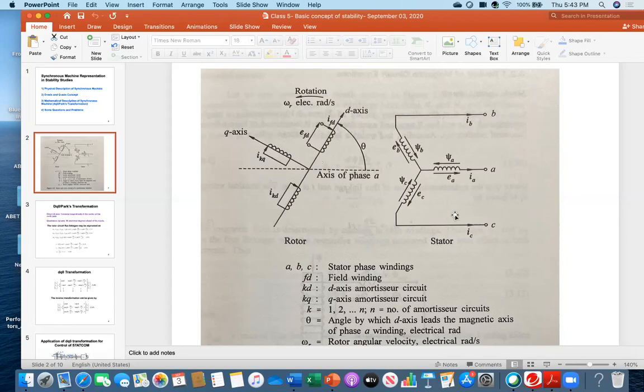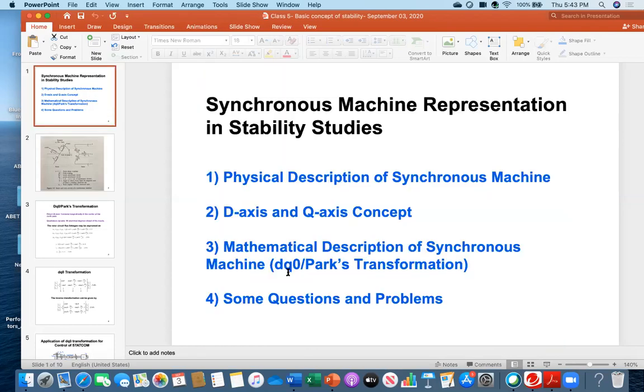And then, as I said, the goal is to decompose or to convert this three-phase system into the two-axis component. That is the goal of this study. And that is what is called DQ0 or the Park's transformation, according to an engineer Park, who first developed this concept.